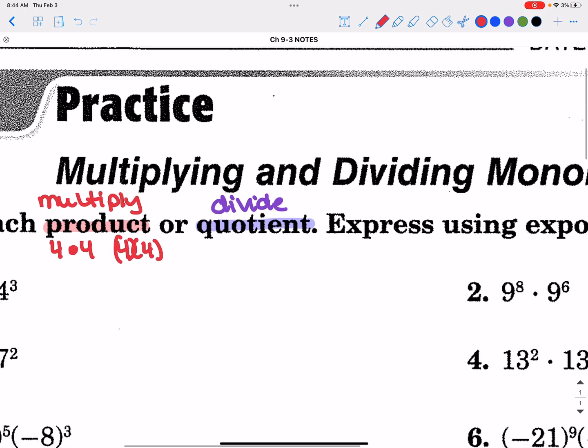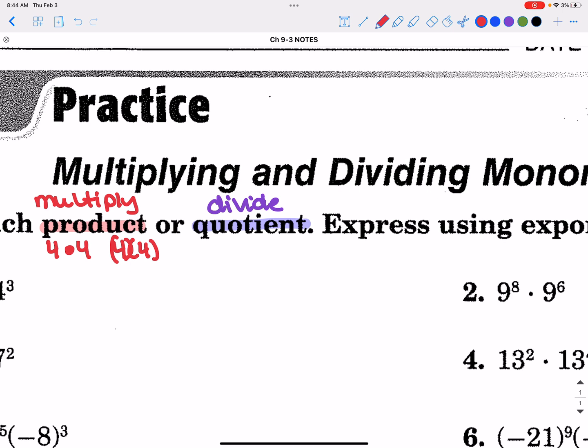Now with divide, there's 2 different ways you can see it. The first is the division sign, 4 divided by 2. The other way is in a fraction. A fraction is the same as division, and that means 4 divided by 2. Both mean the exact same thing. They're just written in different forms.